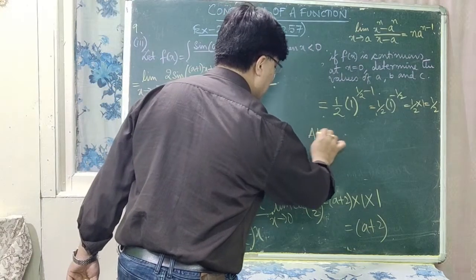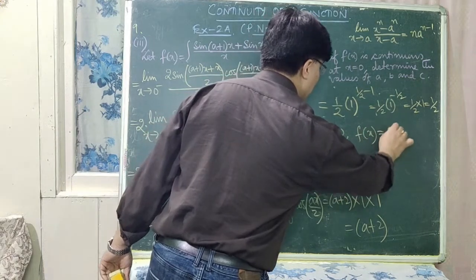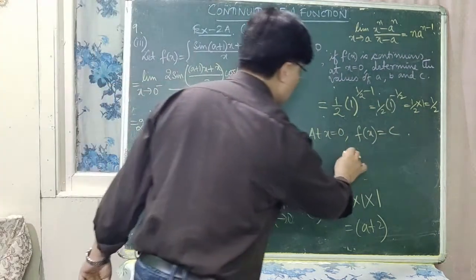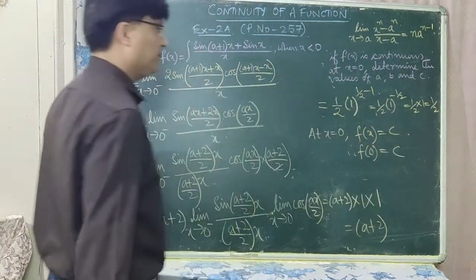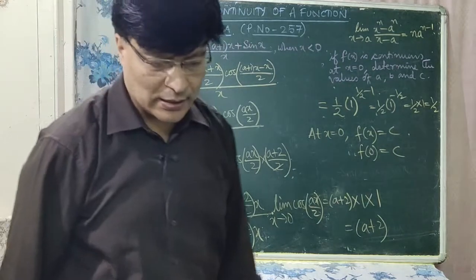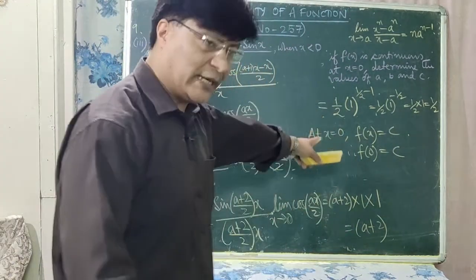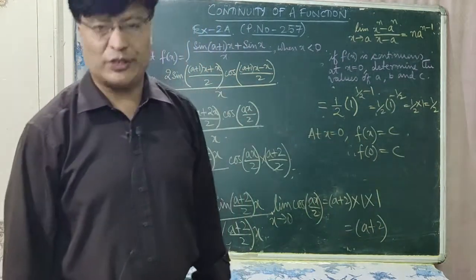So at x is equal to 0, f of x is equal to c. Now put x is equal to 0, you have f of 0 is equal to c. So instead of x you put 0, that is f of 0 is equal to c.